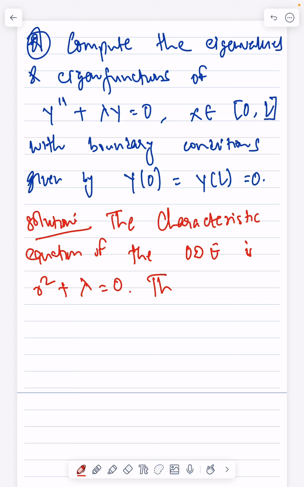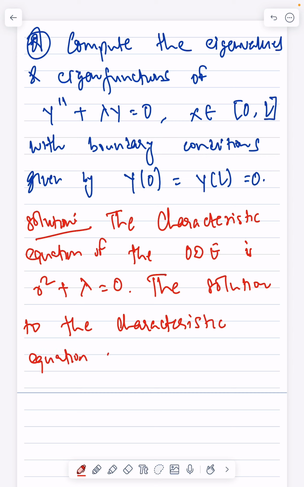The solution to the characteristic equation, the two solutions will be plus or minus square root of negative lambda.